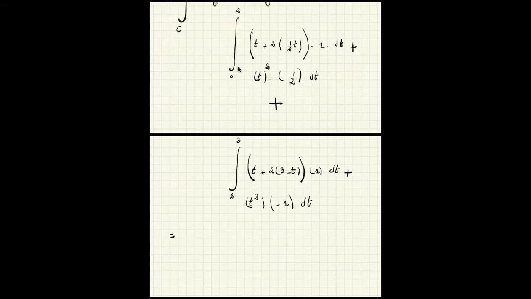Now you compute, you just multiply, which is 2t plus 1 over 2 t squared dt, plus the integral from 2 to 3 of 6 minus t minus t squared dt.